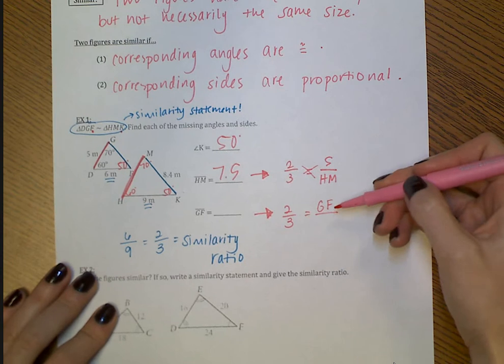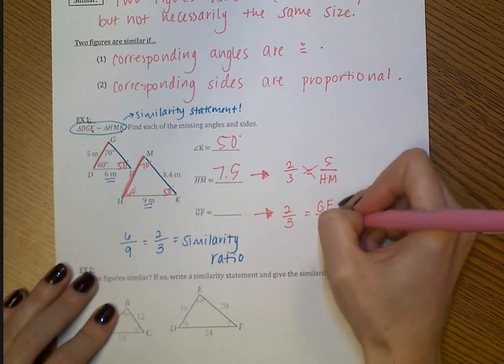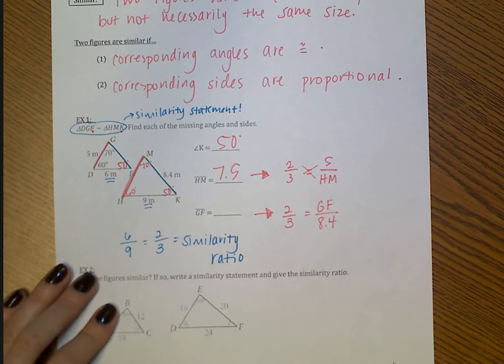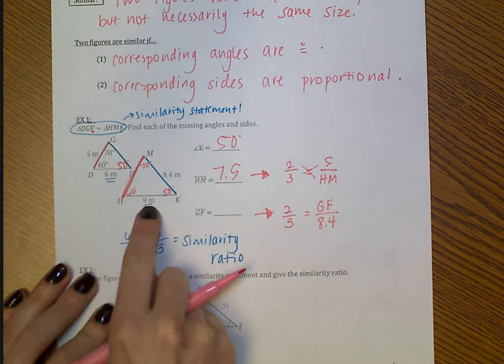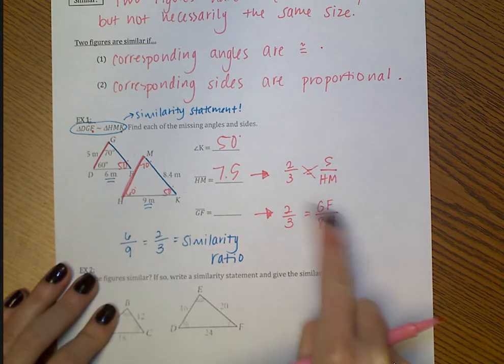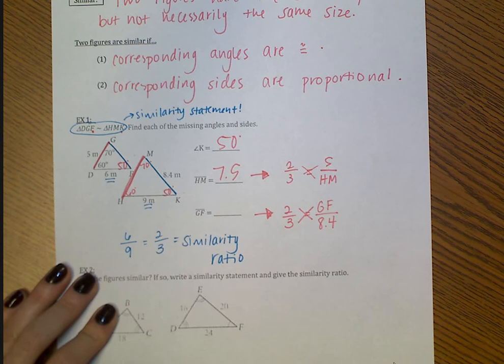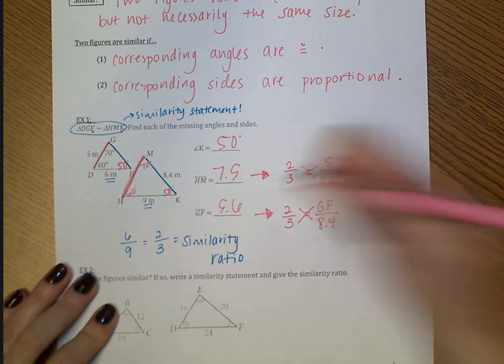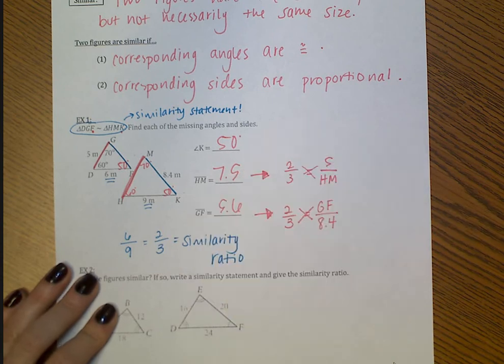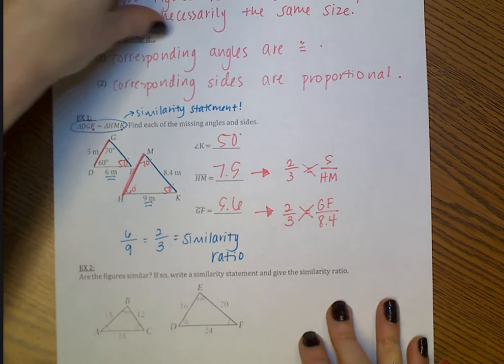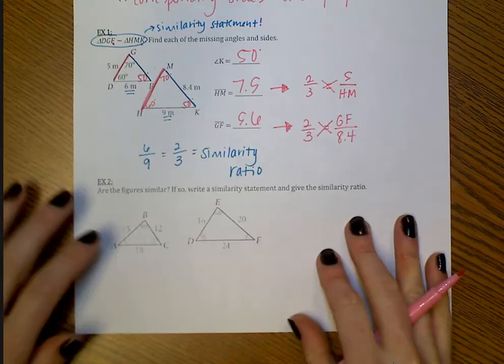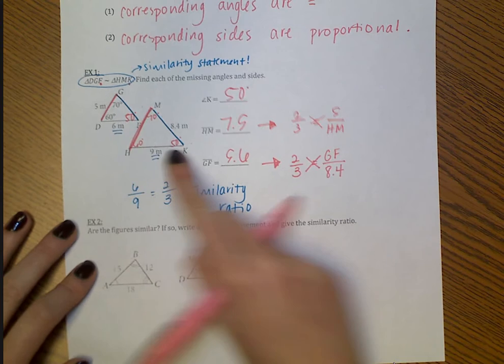But it corresponds with the side that's 8.4. So I kind of just did this over this equals this over this. I'm going to cross multiply and divide, and I should get 5.6. Okay, so that's kind of how you find missing sides in similar figures. You set up a proportion.